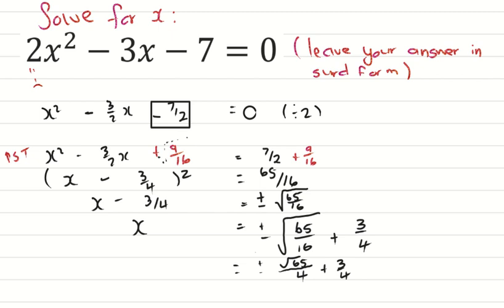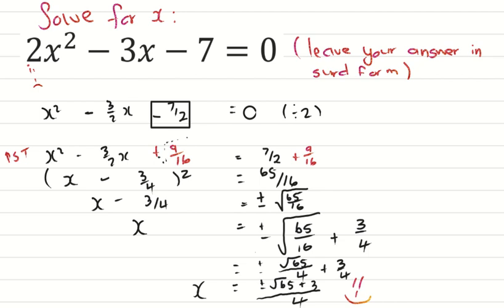So that the final answer over here, because we have the same denominator, the final answer is plus minus root 65 plus 3 all over 4, right? So if you think you are done and you have that square root and there's a perfect square, then you are not done yet. You need to simplify it a bit further. All right, so our final answer in this case is plus minus root 65 plus 3 all over 4, and that is example 2, done and dusted.